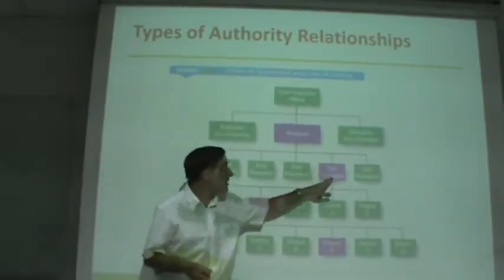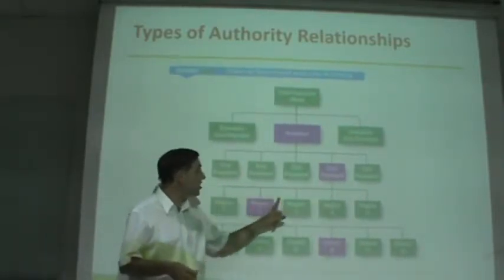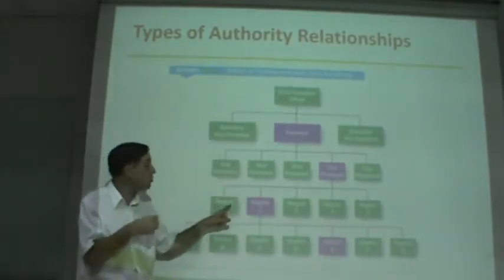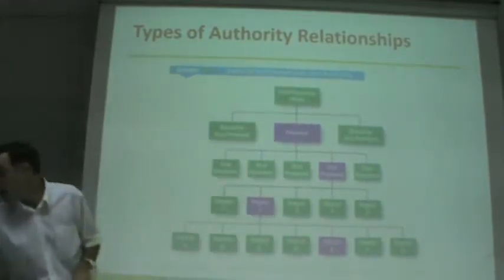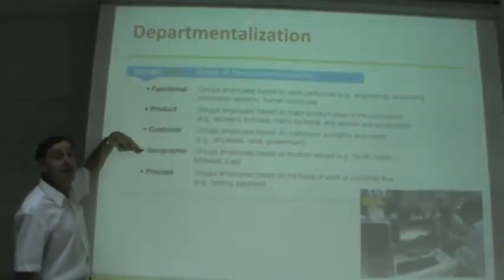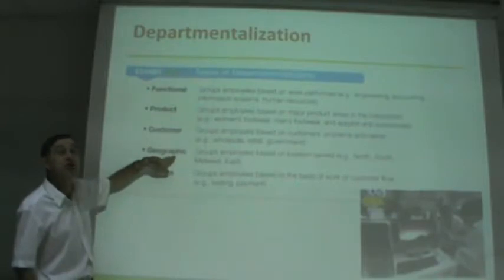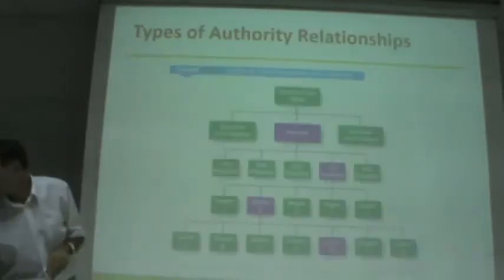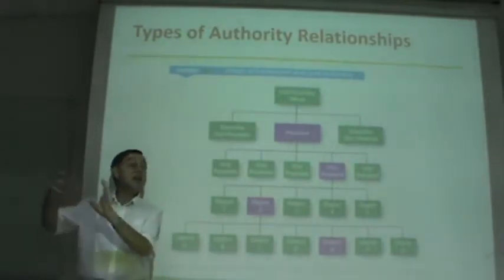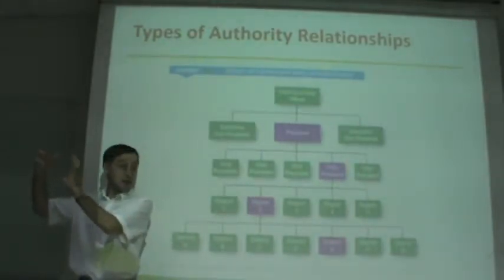And then, here they use the word region. And region, in this particular case, region 1, region 2, region 3, will mean that the departmentalization is based on geography. So, you will have region 1, maybe the east coast.